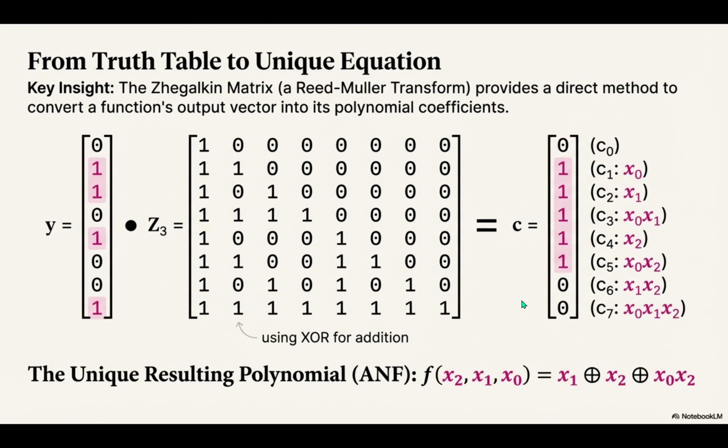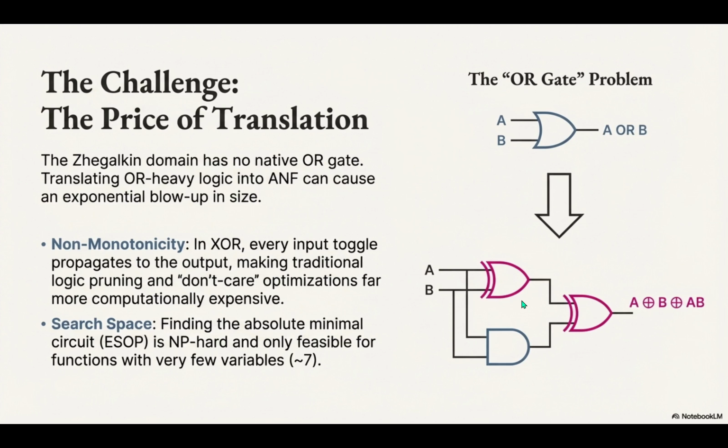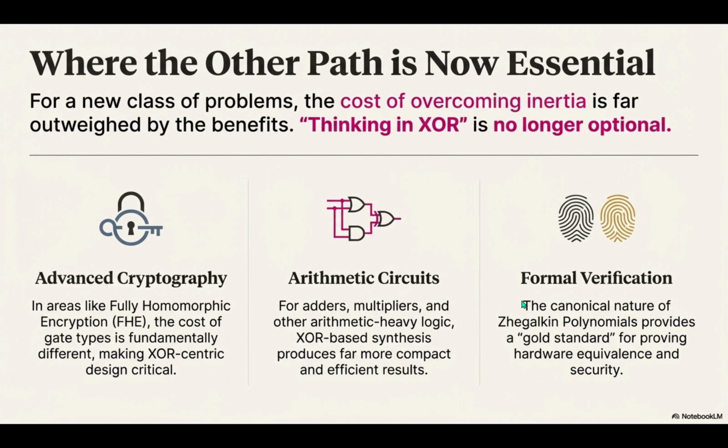Which brings us directly to optimization. Because once we have the polynomial, we don't just translate it into gates. We manipulate it algebraically to minimize hardware use. And here's where it gets really interesting, because the goal of minimization completely changes depending on the application. Yes, look at advanced cryptography, particularly protocols like fully homomorphic encryption, or FHE. For listeners who haven't encountered it, FHE is kind of the holy grail, right?